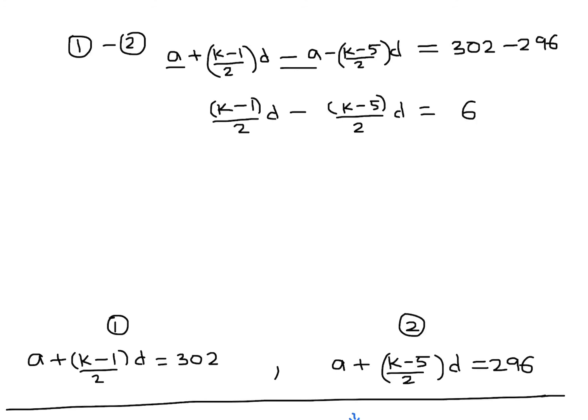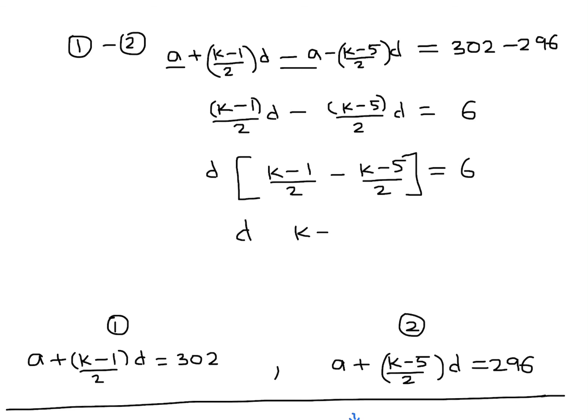Okay, factor out the d so we can do the algebra in the middle: (k minus 1)/2 minus (k minus 5)/2. So this looks like (k minus 1 minus k plus 5) all over 2 is 6.